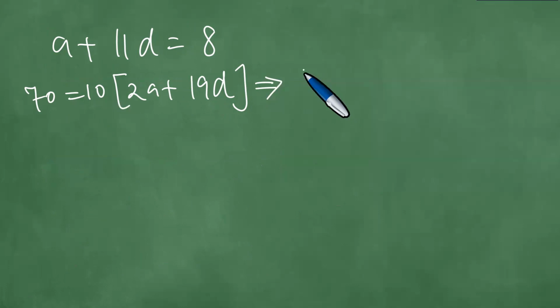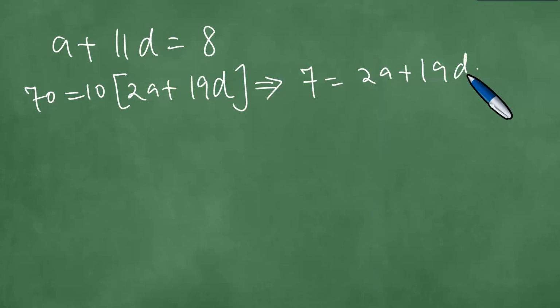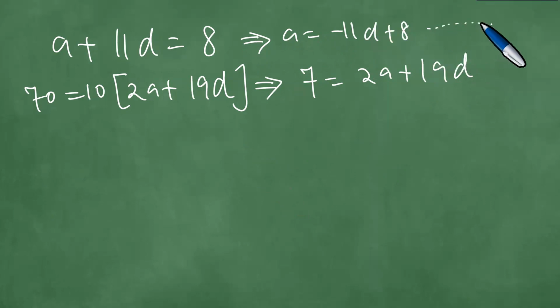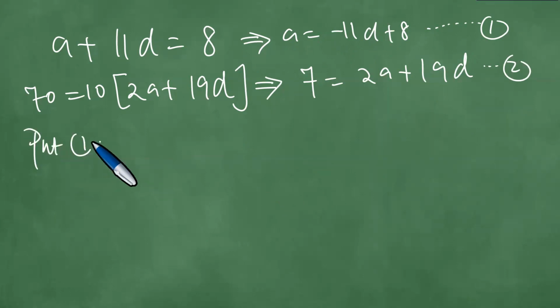Divide by 10, like this. So which means that a is minus 11d plus 8. Put 1 into 2.